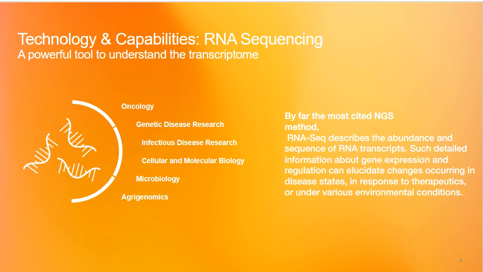RNA-seq is used in many different areas of disease research, including oncology, genetic disease research, and infectious disease research. An example of an infectious disease application would be using a respiratory viral enrichment panel with RNA extracted from wastewater samples to monitor infectious diseases such as SARS-CoV-2. And we'll talk in more detail about different enrichment panels and their content.